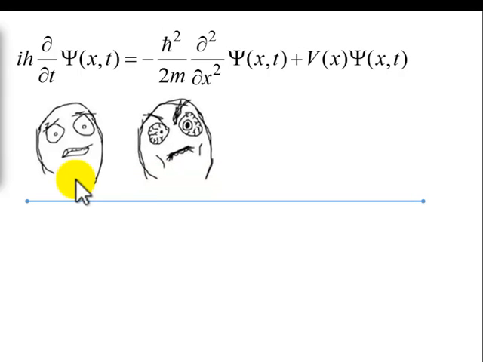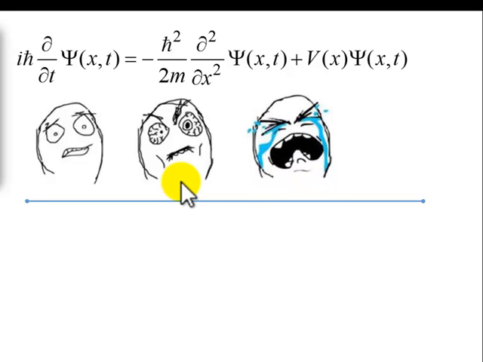to solve the full version of the Schrödinger equation, which depends on both the position and the time. Not to mention the use of complex numbers with the real and imaginary parts. As a result, most students would simply give up.